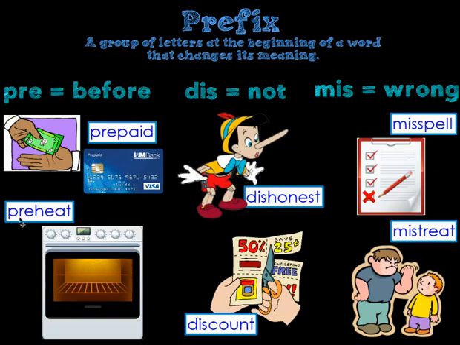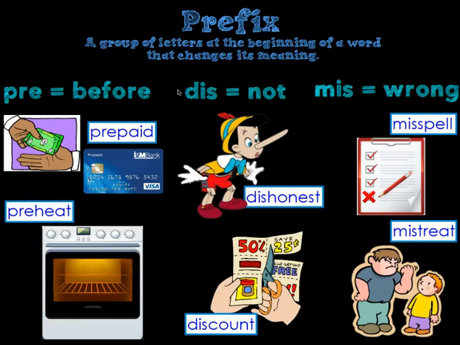We have the prefix pre, which means before, and we have the base word heat. So this word must mean to heat before. And that's what you do with an oven before you put the food in to cook. You preheat the oven so that it is hot enough to cook the food once you put it in.